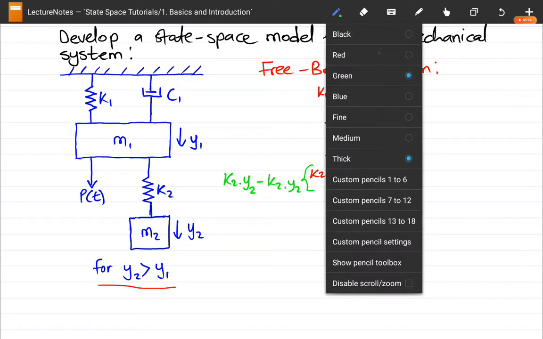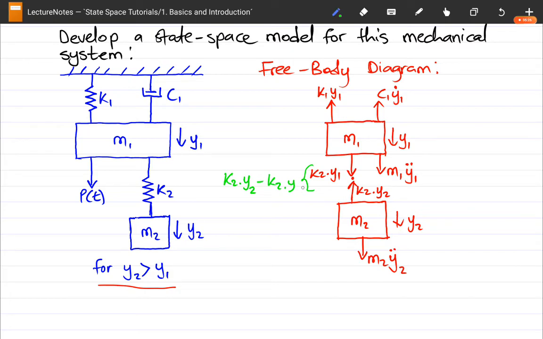It's y2 and this one is y1, because of this restriction here. If y1 is less than y2, then the net motion is downward. So it has to be K2 times y1 minus y2, and then everything else should be straightforward here.